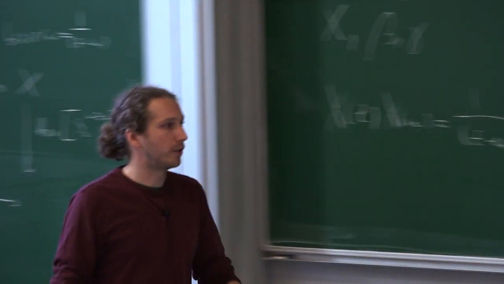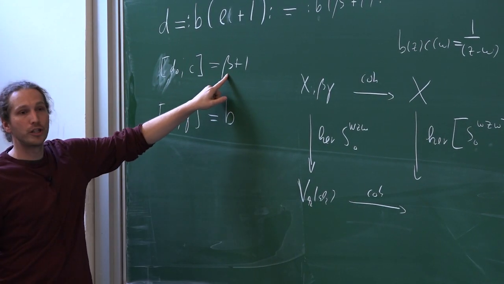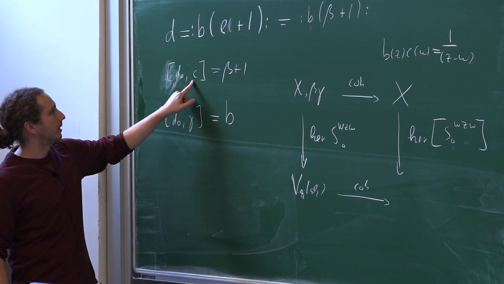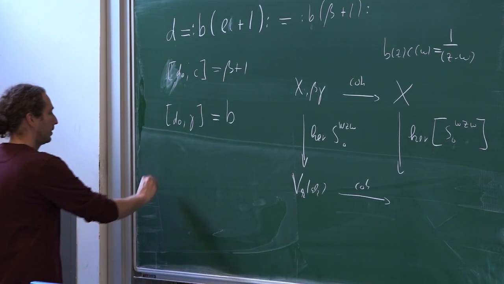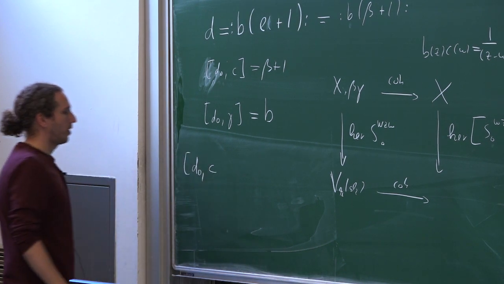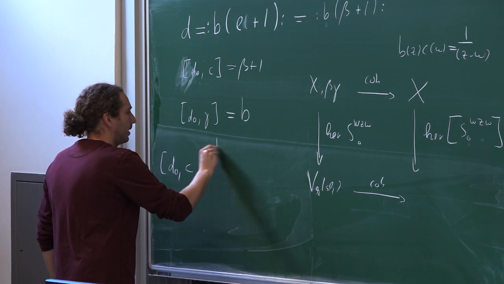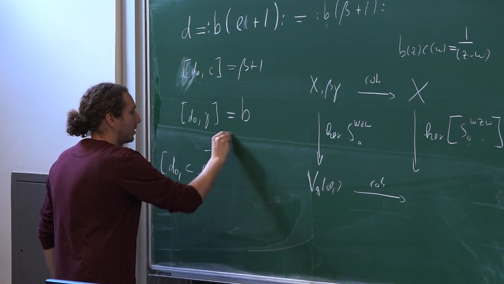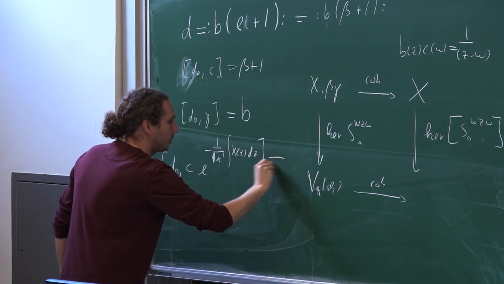The free boson commutes with the differential. But beta is cohomologous to 1, and the pre-image is the ghost C. So what do I do? I take again the action of my differential, but now not on C, but on C times this exponential. Because if I do this, what do I get?